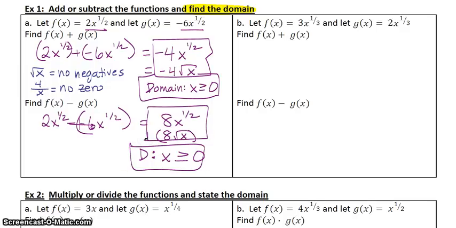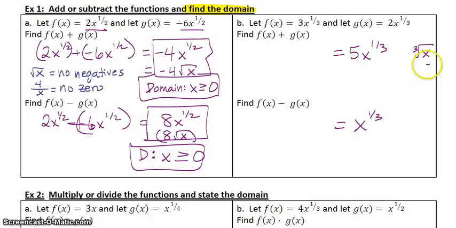Alright, pause the video and try part B. If you've unpaused, let's check your work. We should have 5x to the 1/3 for your answer for this one, and we should have just x to the 1/3 for our answer for this one. And I want to talk about the domain a little bit though, because a 1/3 exponent is the cubed root of x, and remember from what we've been talking about in class, we can have a cubed root of x.